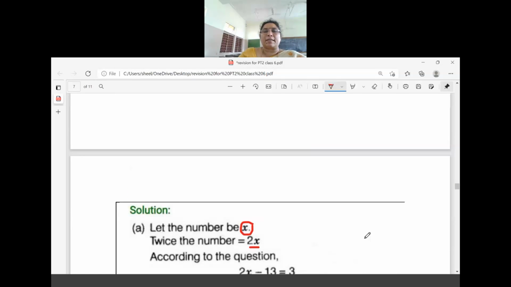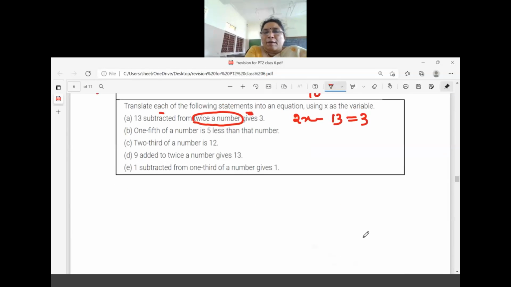Let us see how we can write it. 1/5 of a number can be written as 1 by 5 x, is means equal, 5 less than, minus 5, that number. We assumed that x is the number, right? So x minus 5, so 1 by 5x equal to x minus 5.